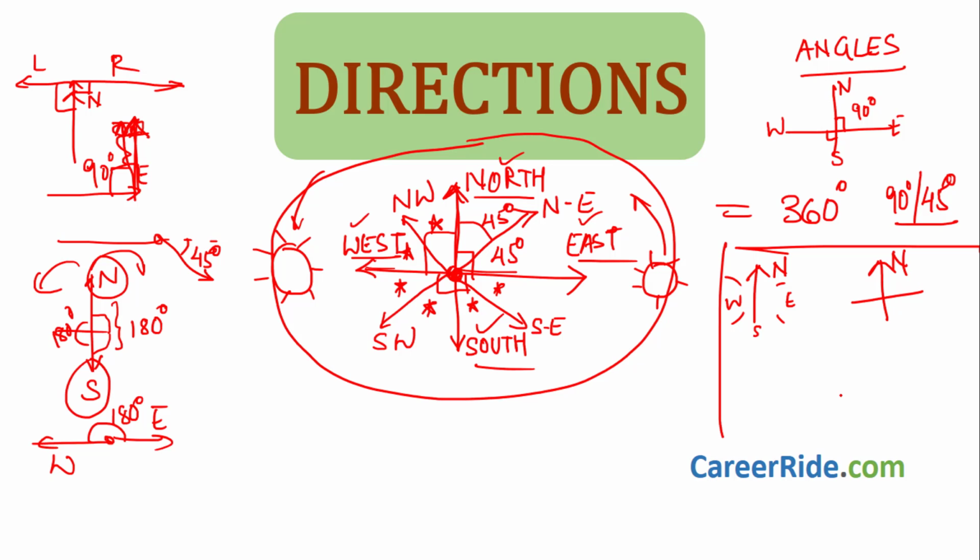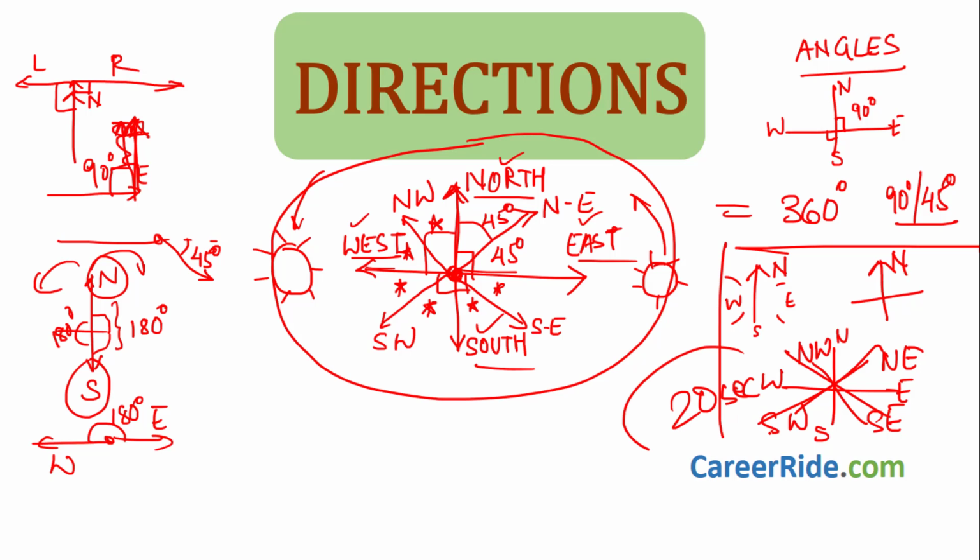Do not draw this entire diagram in the exam, the north and south and east and west and northeast and southeast and southwest and northwest. Here you have wasted your precious 20 seconds. In the exam, just draw this.